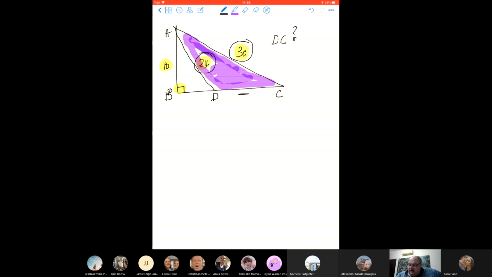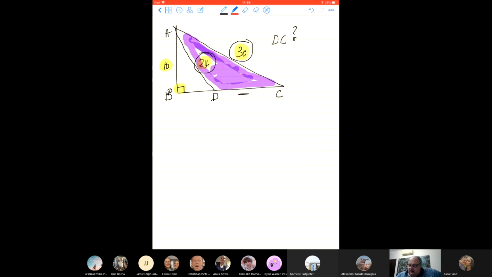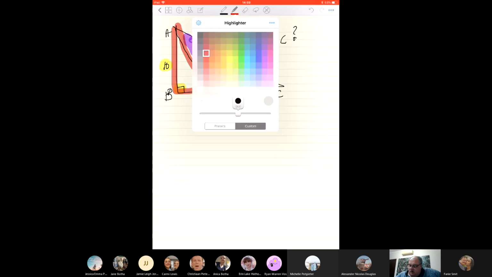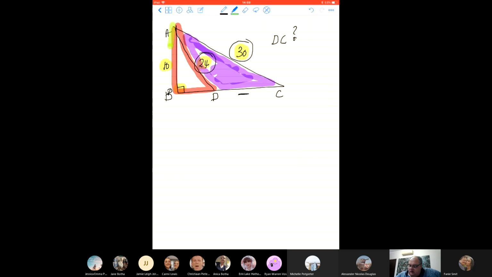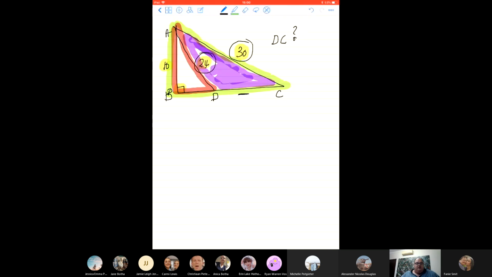You've only got 2 right angle triangles. It is this one, which is a right angle triangle, so you can use Pythagoras in that one. Or it is this one, the big one all the way to there and back. That's also a right angle triangle. Those are the only 2 triangles in which you can use Pythagoras.